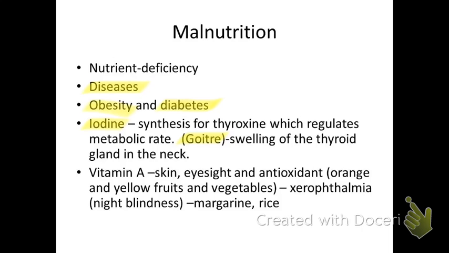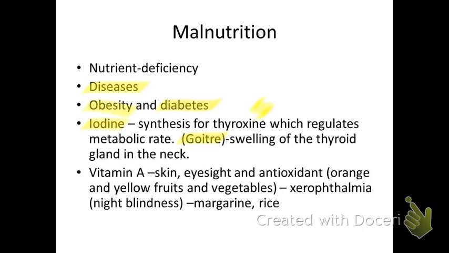One of the things about malnutrition for the IB test is you need to be able to identify the malnutrition, such as iodine, and then what disease it results in, as well as what we're doing to fix that disease. And for iodine deficiency, for one thing, what we're doing is adding iodine to salt.